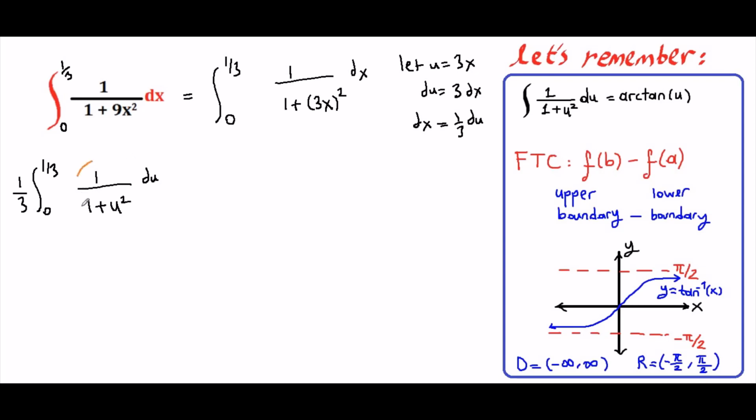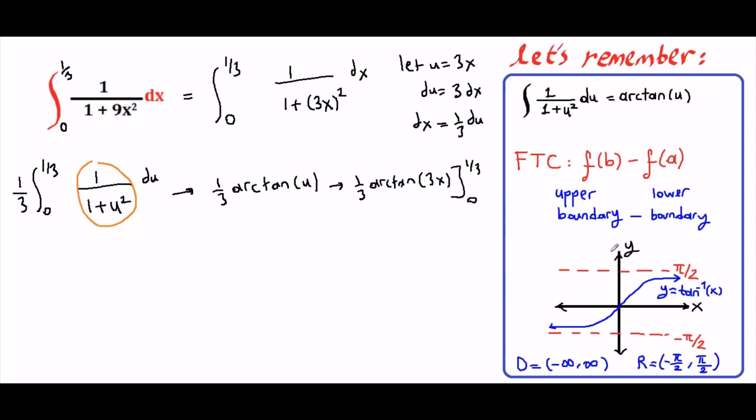Now we know that the antiderivative of 1 over 1 plus u squared is arctangent of u. So we have 1/3 arctangent of u, and we can bring u back. Our u was 3x, so 1/3 arctangent of 3x from 0 to 1/3.